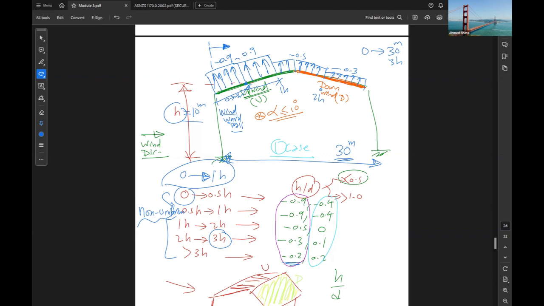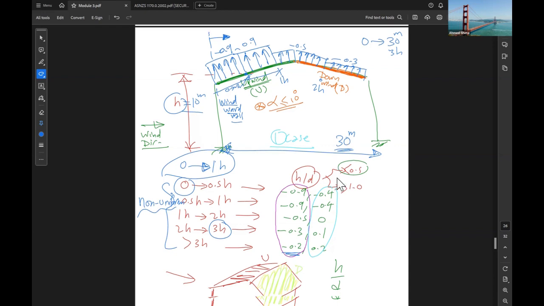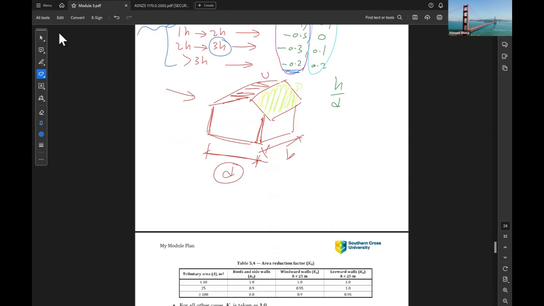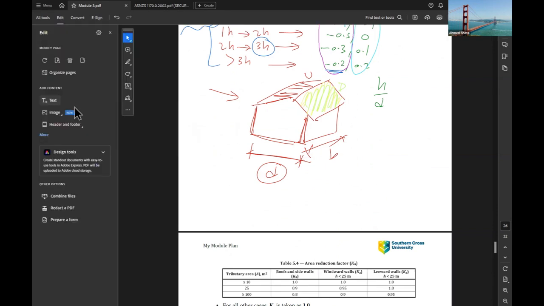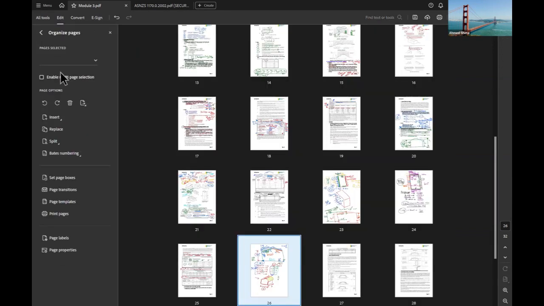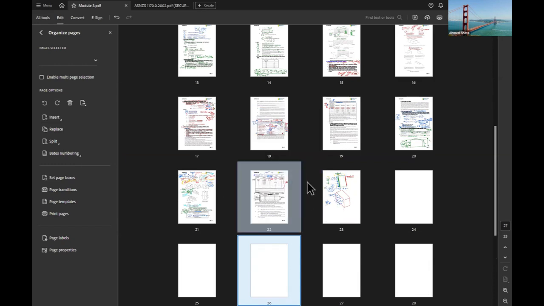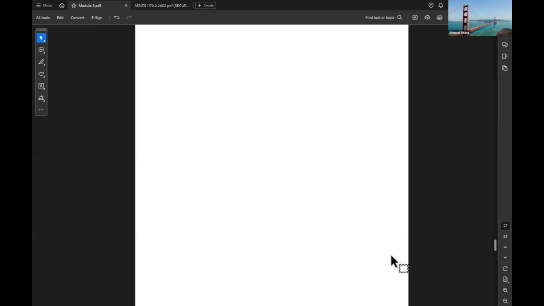What will be our second case? The second case will be the other set of values. So this will be case number 2. Again, the wind is coming from here.